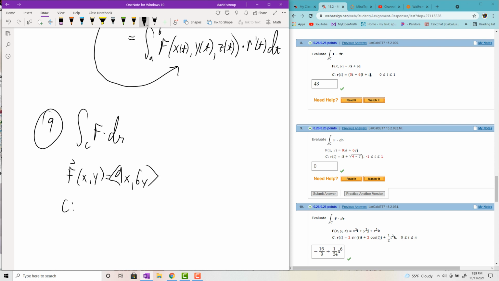The curve, they're nice enough to give it to you, is t comma square root of 4 minus t squared. And then the parameter is going from -1 to 1.